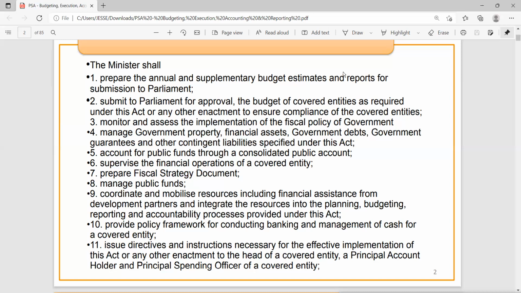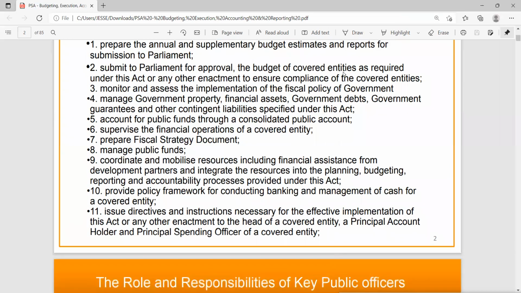Number 11, the finance minister issues directives and instructions necessary for the effective implementation of this act. So there are certain instructions, financial instructions or directives that the finance minister issues, which are very, very important.